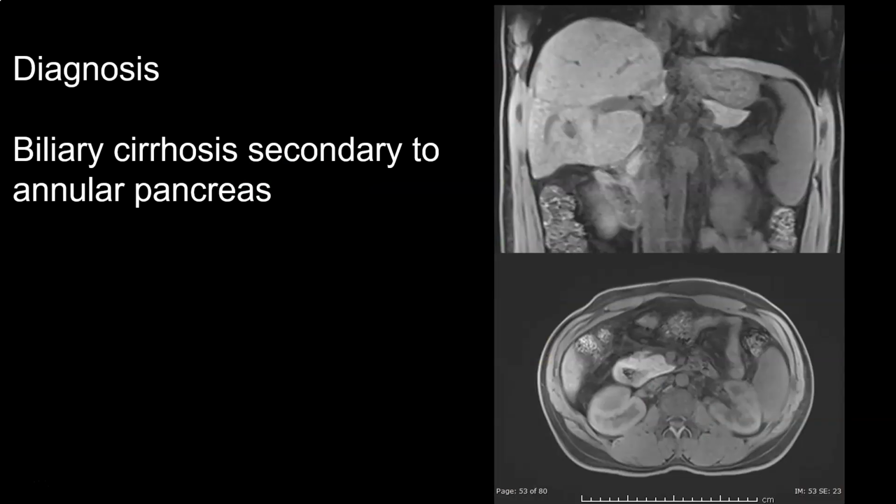The diagnosis is biliary cirrhosis secondary to annular pancreas.